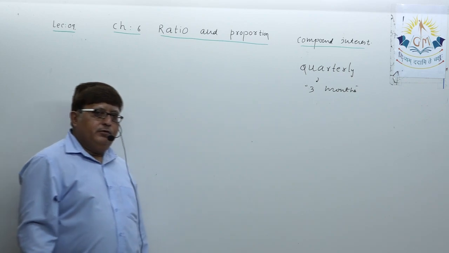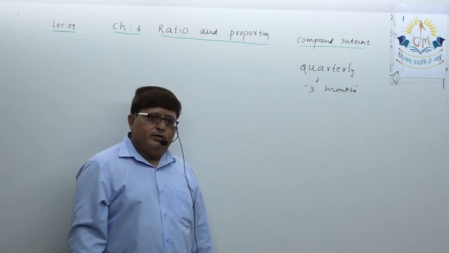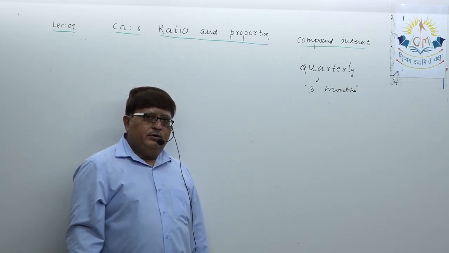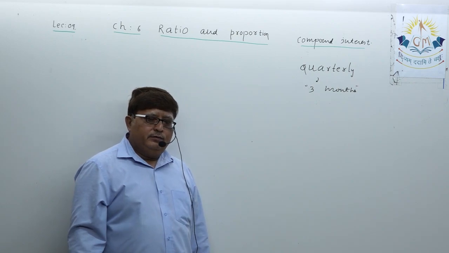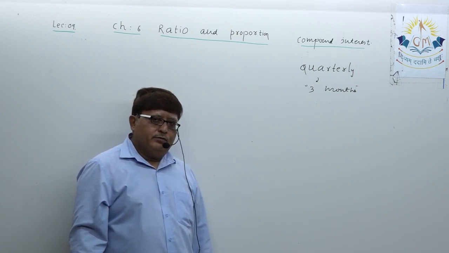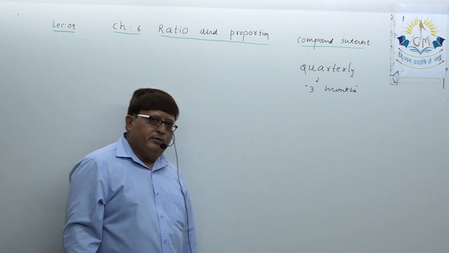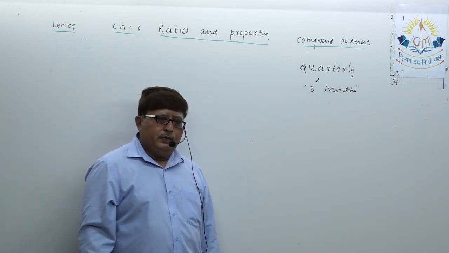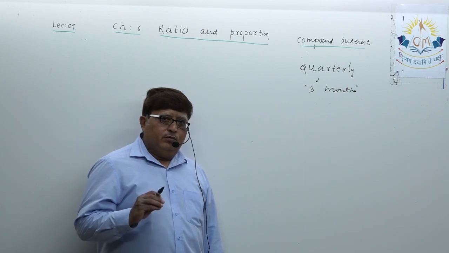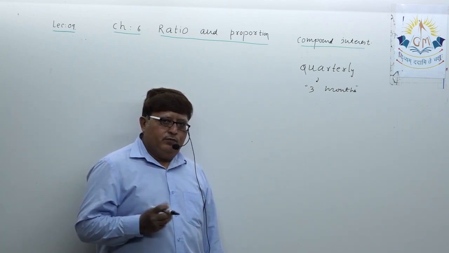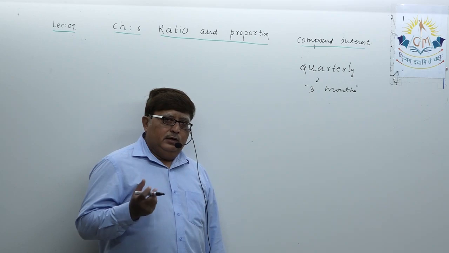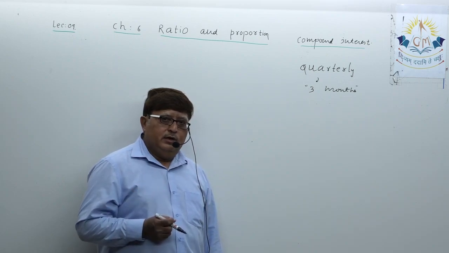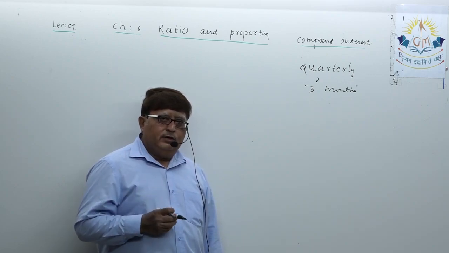So you can understand that 1 year has 4 quarters, because each quarter is of 3 months. So obviously 1 year will have 4 quarters of 3 months. Half year has 2 quarters.